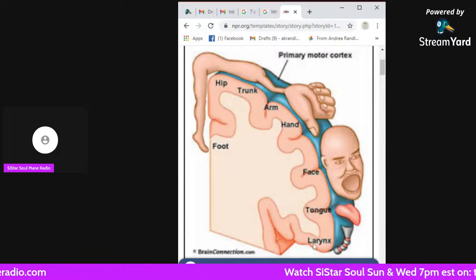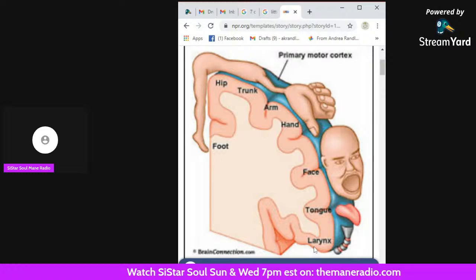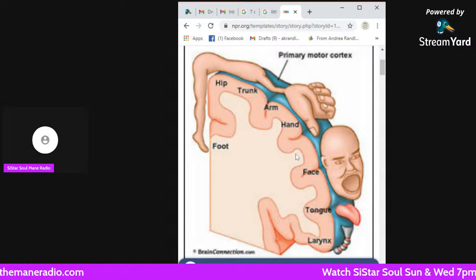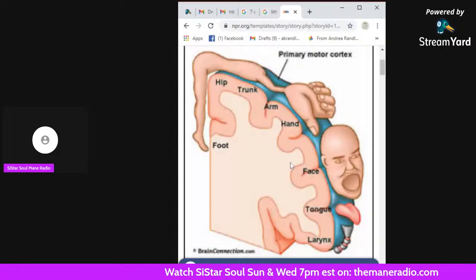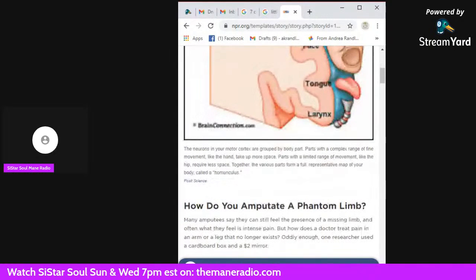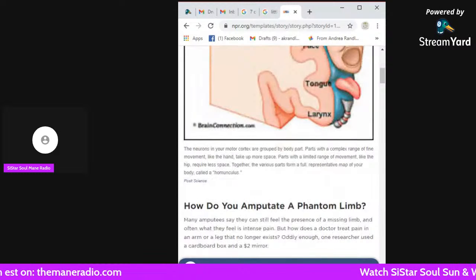It shows you everything in the brain, where the areas are that it handles. This is the larynx area. Obviously, look where it's at. There's the tongue, the face, the hands, so on and so forth. The primary motor cortex of the nation here.